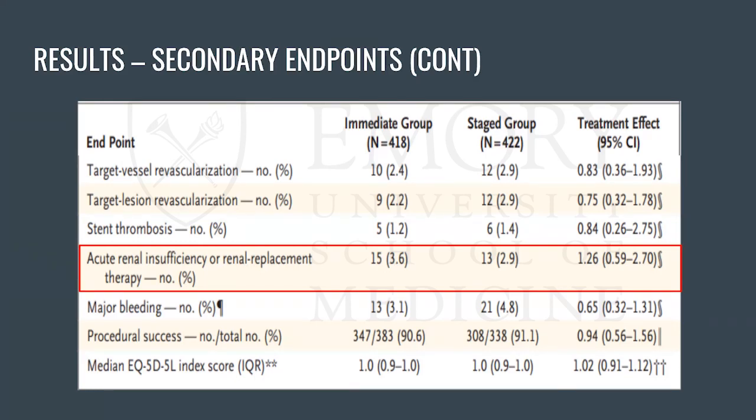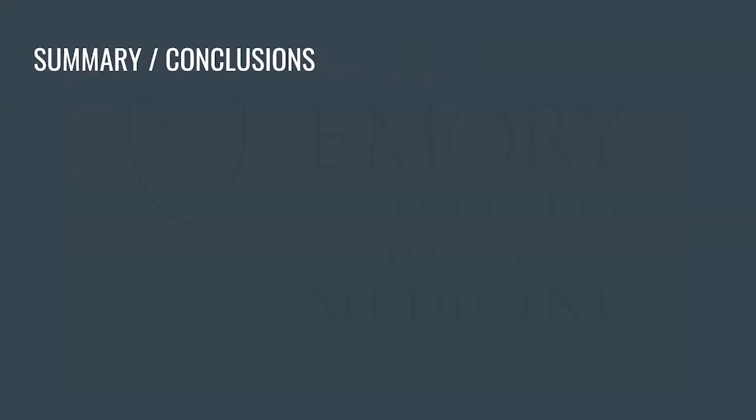But importantly, I wanted to highlight the acute renal insufficiency variable here. So this was actually not statistically significant between the 2 groups of immediate versus staged. I know that's one of the variables that we consider with regards to trying to save the contrast load for patients' kidneys with immediate versus staged. We'll discuss that a little bit too.